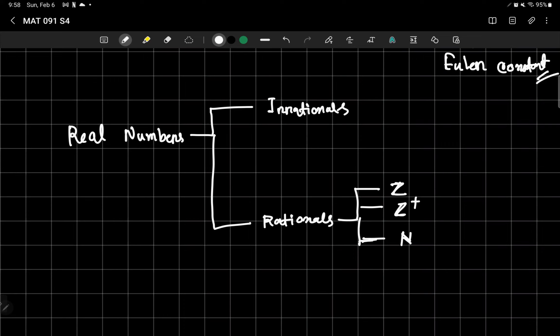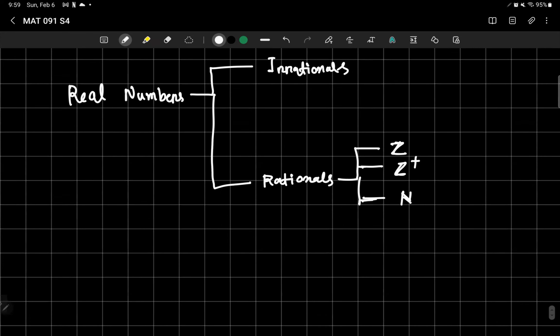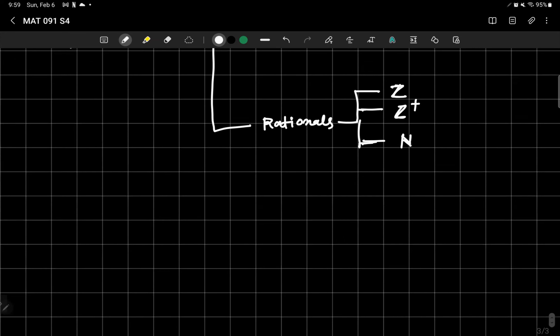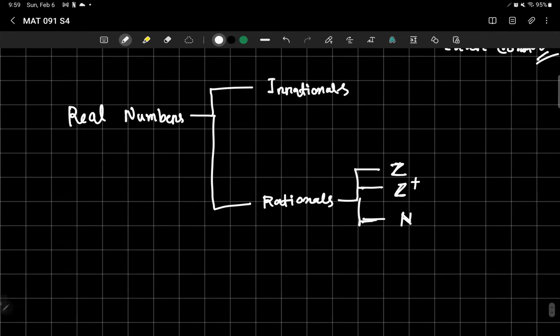So the set of real numbers is made out of irrationals and rationals. A fun fact is that you have more irrational numbers than rational numbers. You can prove it if you are taking an analysis course, but it's outside the context of this course.